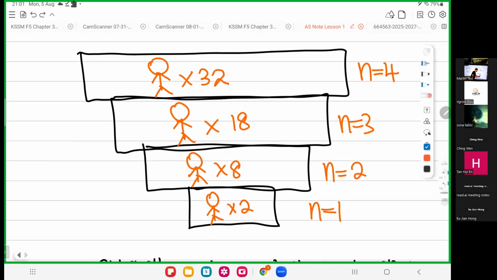So this is your hotel. First floor, 2 maximum. Second floor, 8. Third floor, maximum 18. Fourth floor, 32. Would they ask until the fifth? No, very unlikely. Normally in A level, they will ask you all the way up to shell number 4 only. It's almost impossible for them to go until shell number 5.